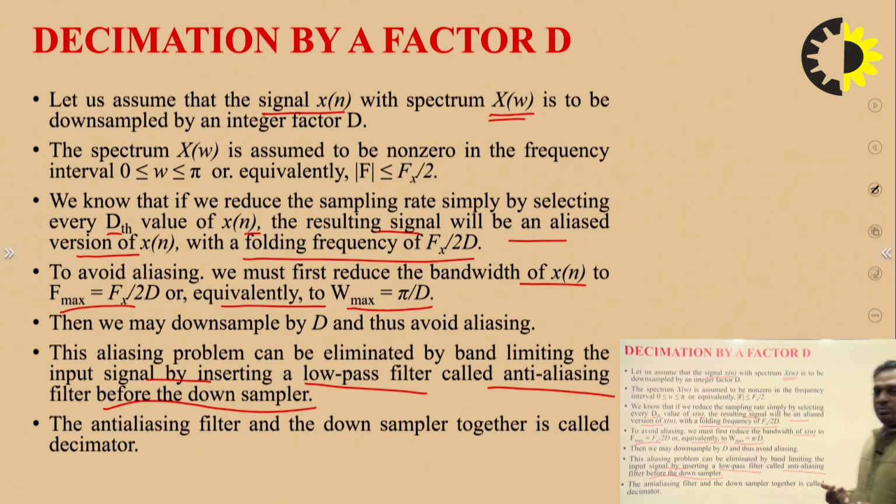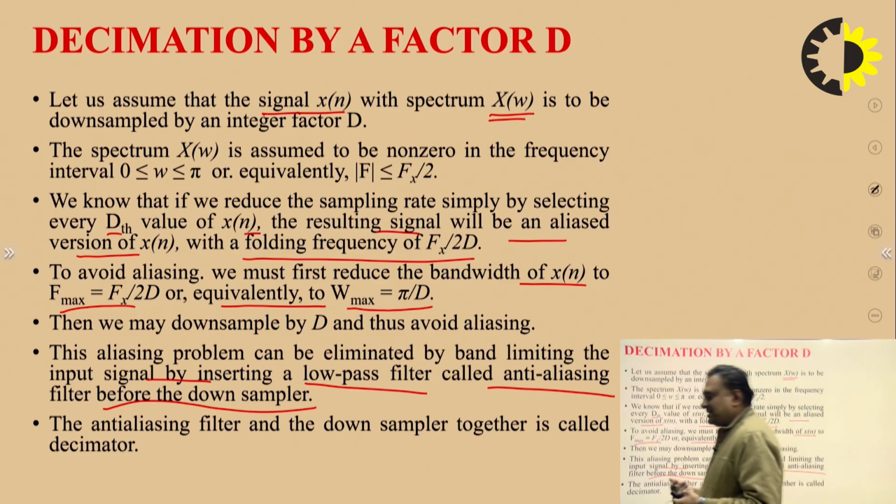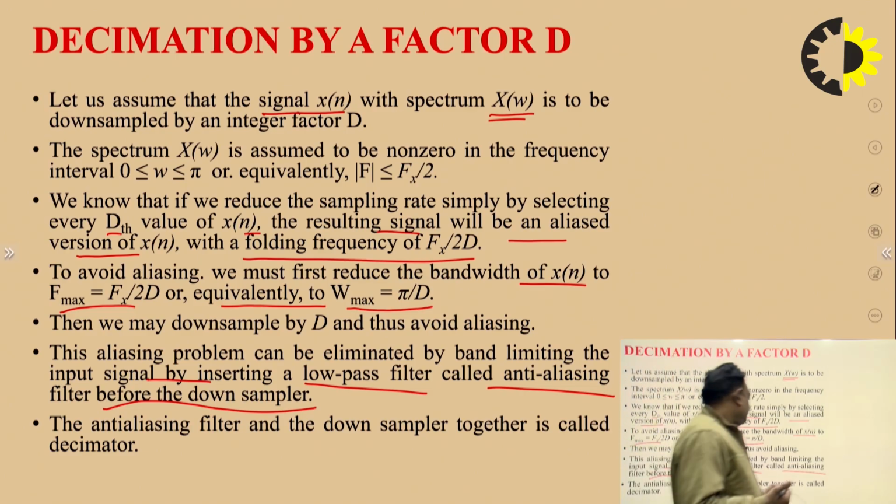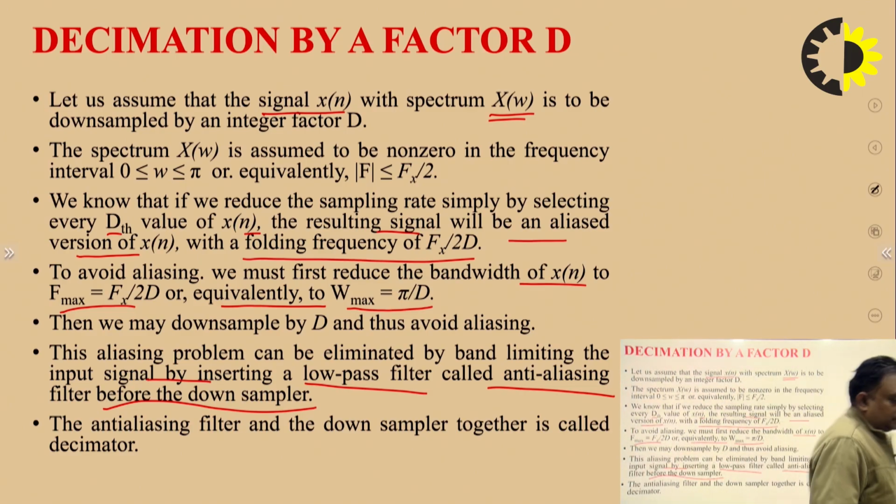We can do it by passing the signal x[n] through a low pass filter, which will restrict the bandwidth of the input signal from minus pi to pi, to minus pi by D to pi by D.